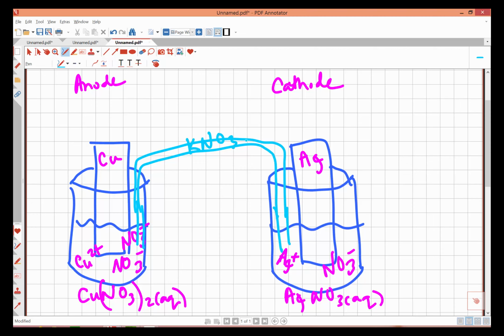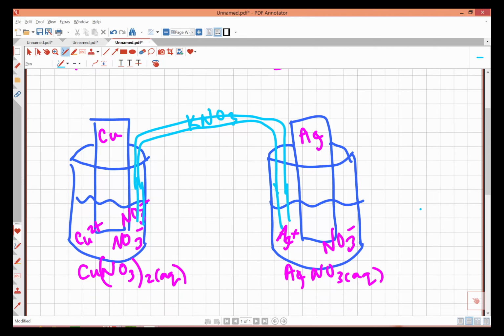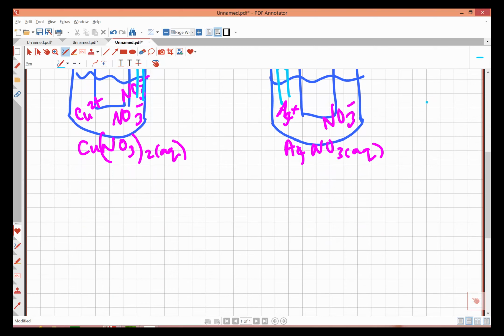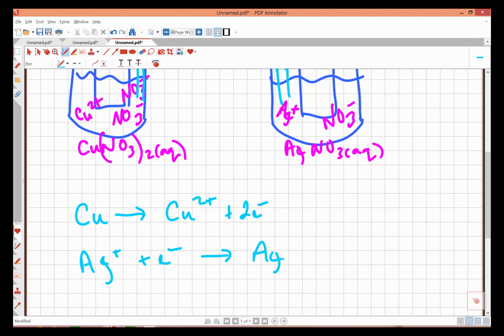All right, so in this scenario, what we have happening is copper will be oxidized. It is going to form Cu2+ and give away 2 electrons. Silver will be reduced. It is going to gain an electron and form silver metal.